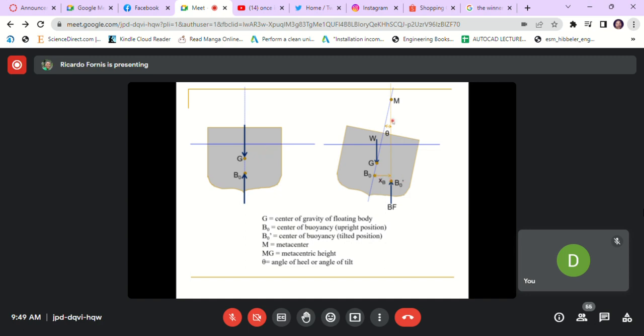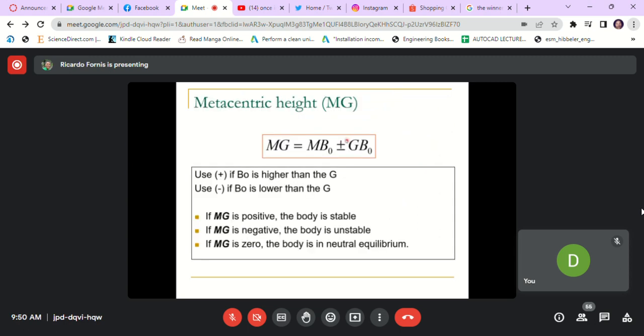The MG is calculated as MBO minus GBO. But in the event that the BO is above the G, then MG is calculated as MBO plus GBO. I hope that's clear. That's why we have the plus or minus here: use plus if the BO is higher than the G, and minus if the BO is lower than the G.